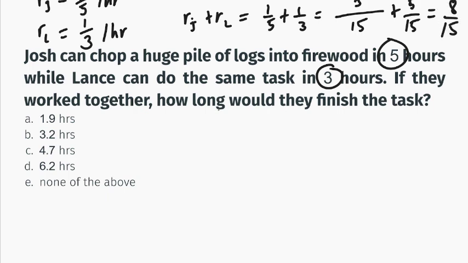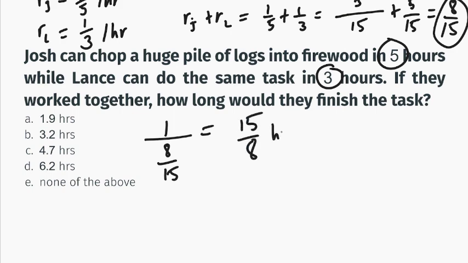It means that when both of them work together, they can do 8 over 15 of the job. So essentially, we just take the reciprocal of this, since the whole job would take them the reciprocal, which is equal to just 15 over 8 hours.